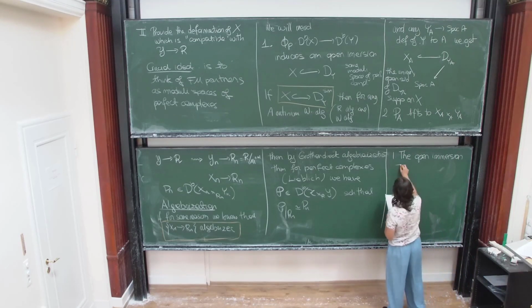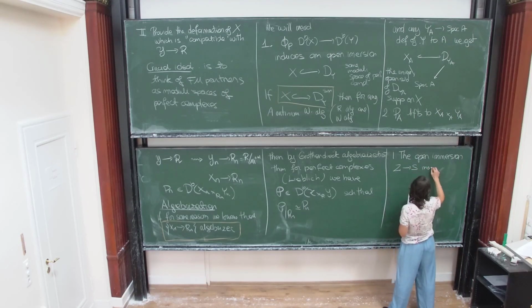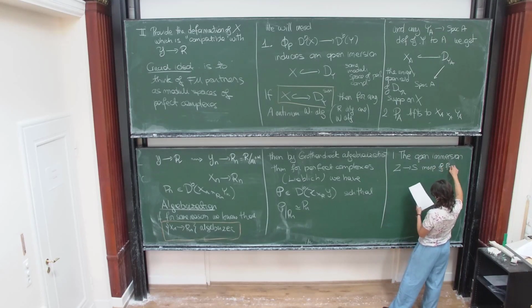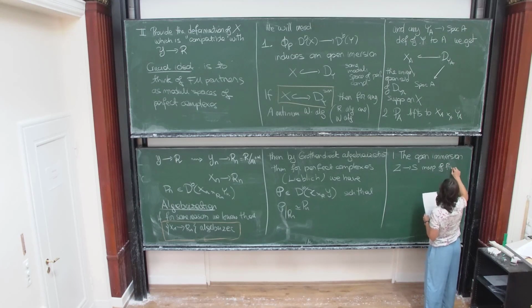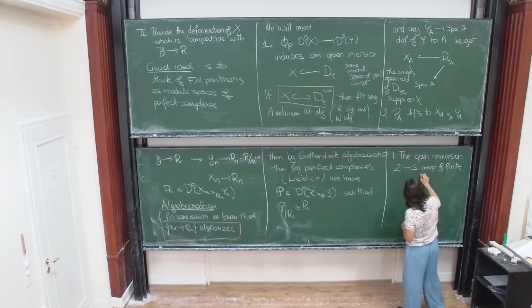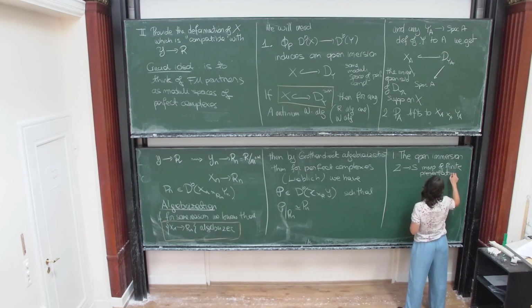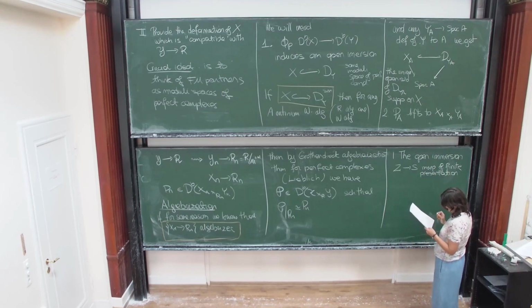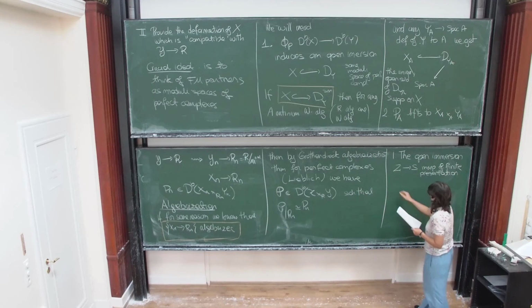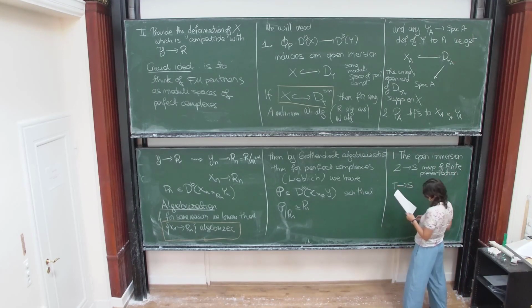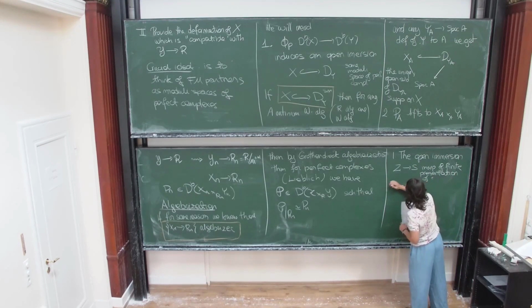So if we have Z to S a morphism of finite presentation, I have to say what finite presentation is, and P to S, so of schemes.